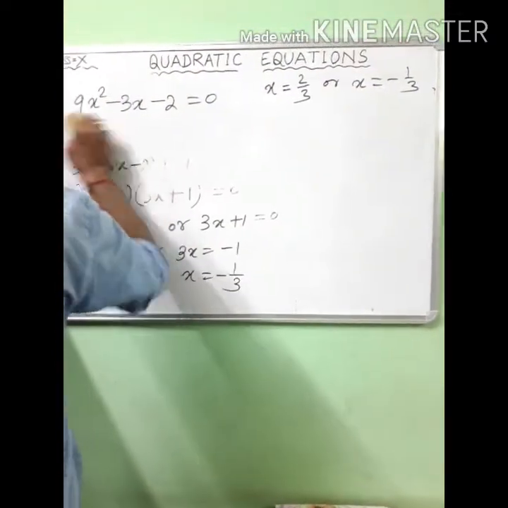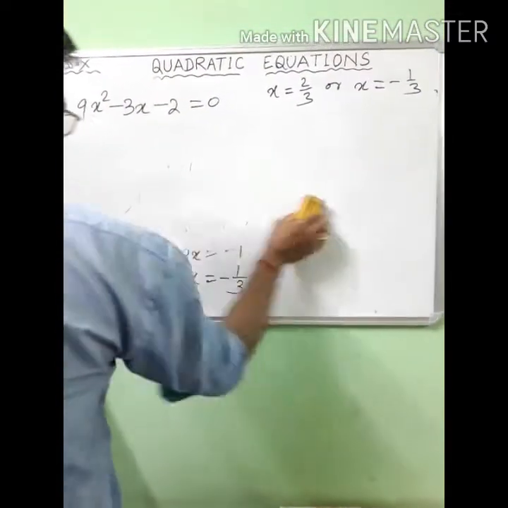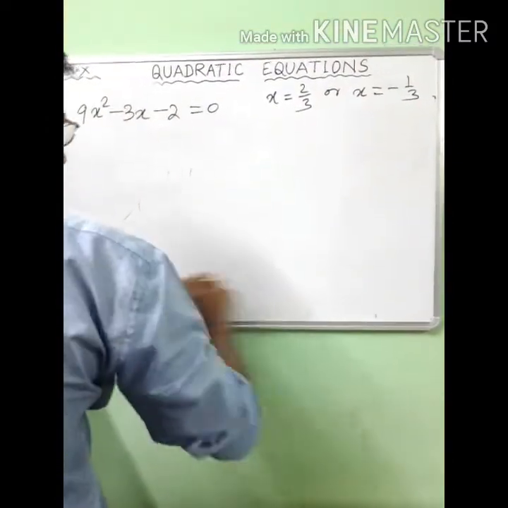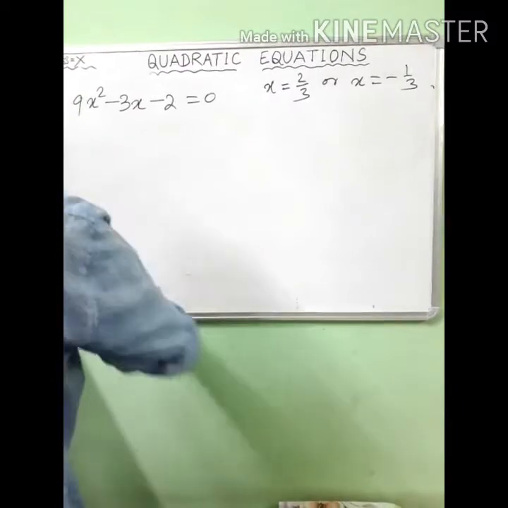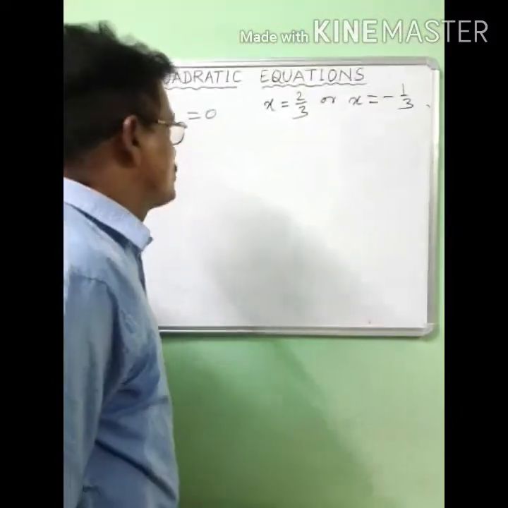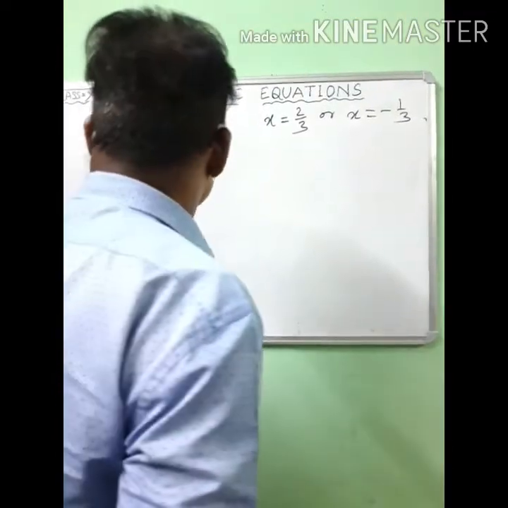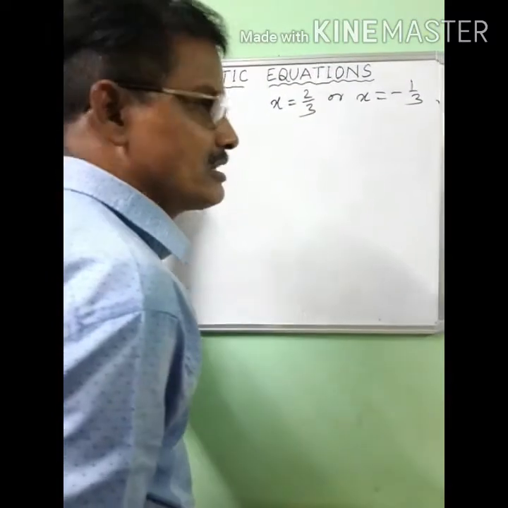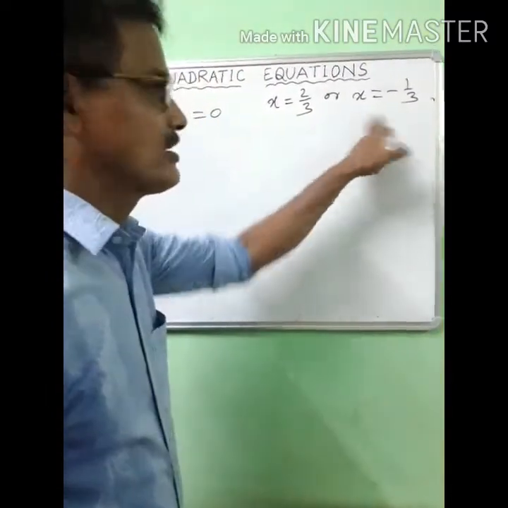Now the second method is the completing the square method. In this method, let us find the two roots of this quadratic equation, to see whether the answers are like this or not.